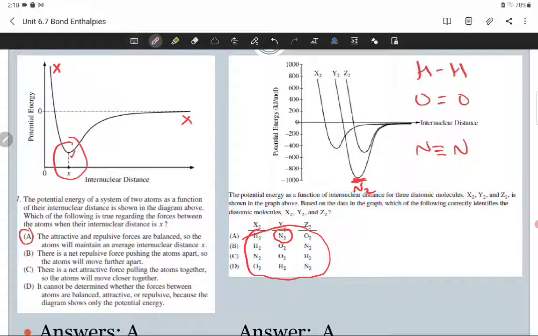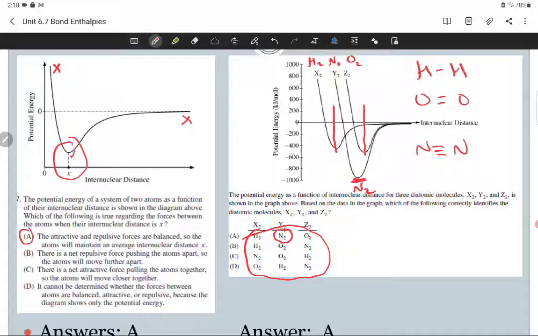How do we know then that X2 is really H2? So we've already identified this one. Well, let's look at how far away these are from each other. So X2, yes, H2, is not as far on the x-axis as O2, and that would make sense.